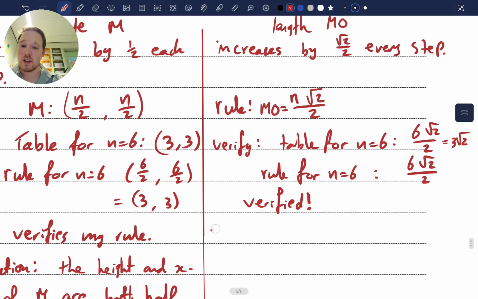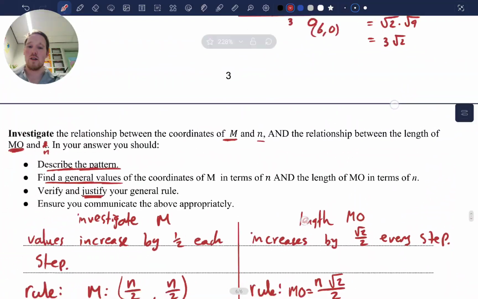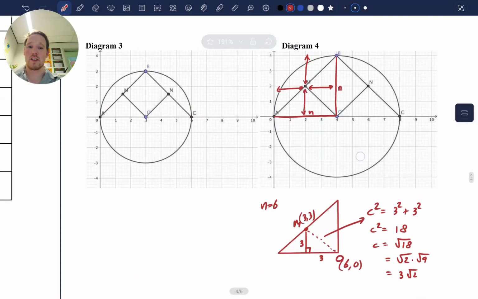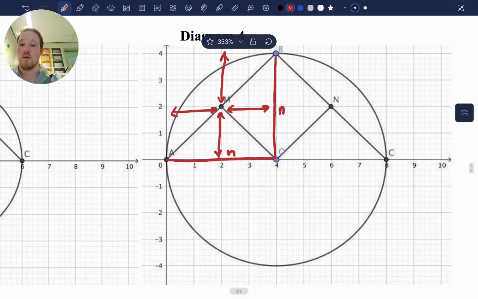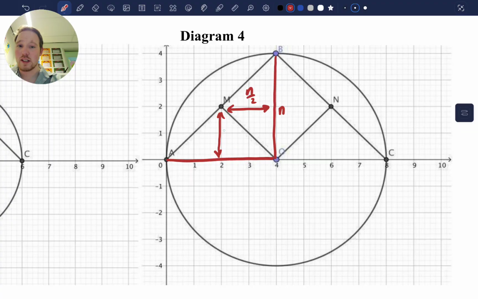Finally, let's justify. The most mathematical part of the whole investigation is the justification step. So let's justify our rule of n times root 2 over 2. And here we once again go back to Pythagoras. If I use this little diagram here, we already discussed that this length is n over 2. We discussed that this length is n over 2.